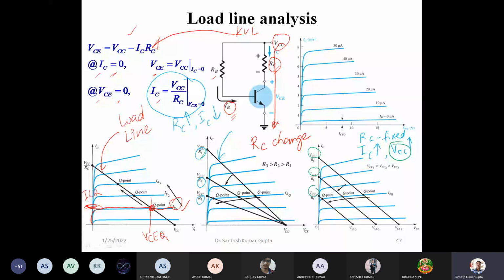So for a circuit, we may be given the circuit values VCC, the resistances RB, RC, and the transistor, and we may have to find out the current and voltages at different terminals, and so on.